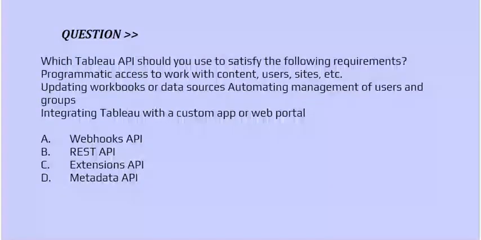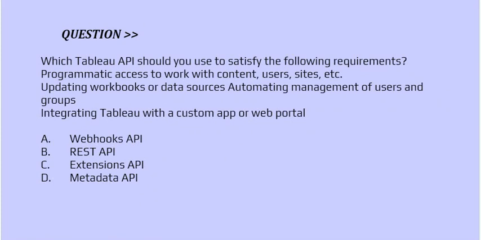Next question is, which Tableau API should you use to satisfy the following requirements? Programmatic access to work with content, users, sites, etc. Updating workbooks or data sources, automating management of users and groups, integrating Tableau with a custom app or web portal.